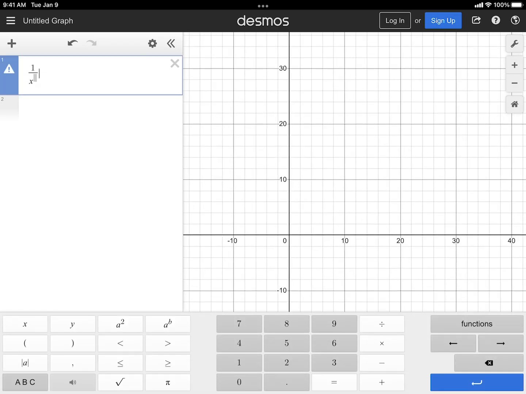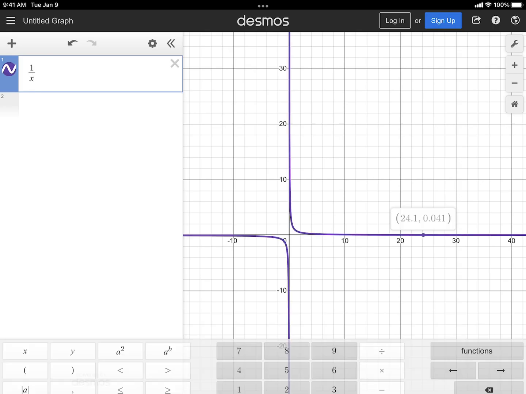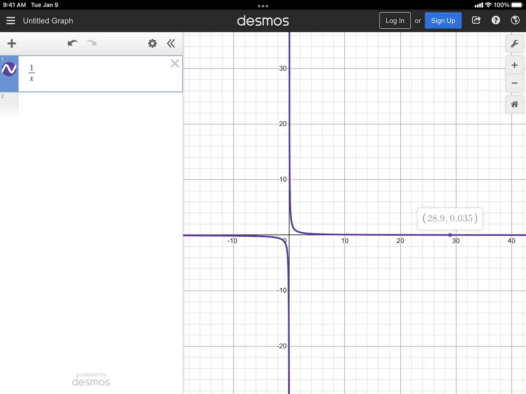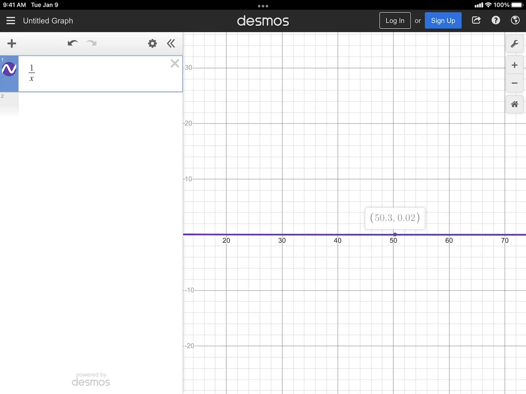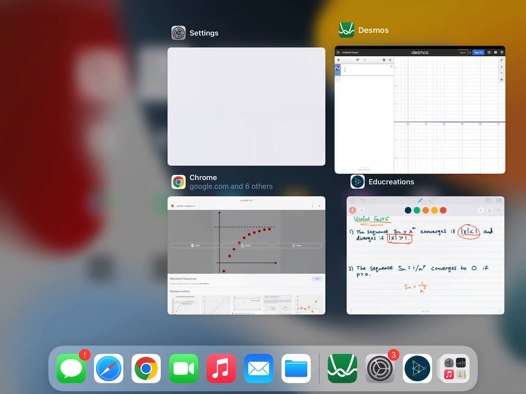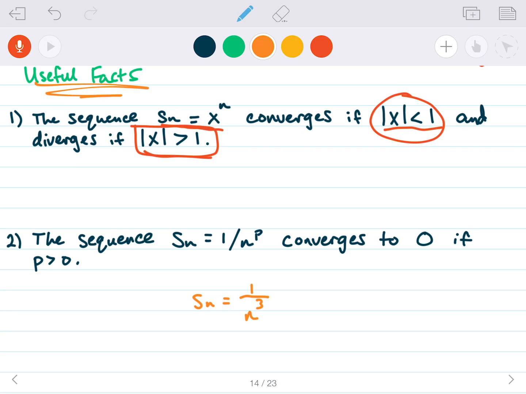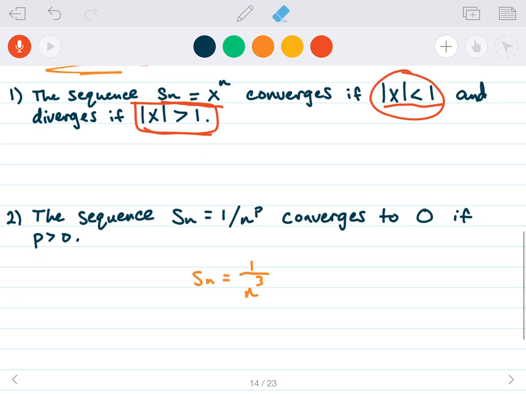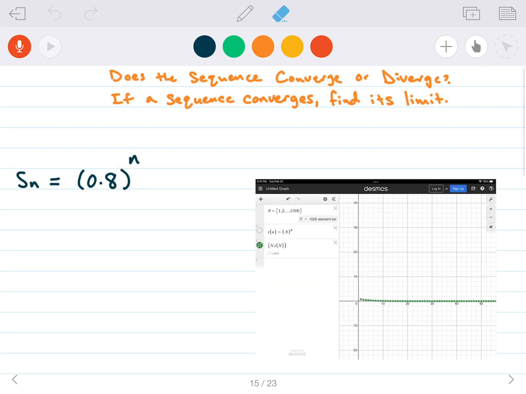Even if we just change the exponent to 1, x to the 1, this thing is still going to converge to 0, as we can see here in the graph. Okay. So that was the second fact.